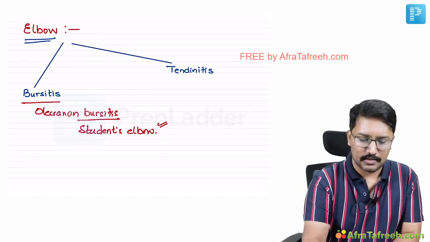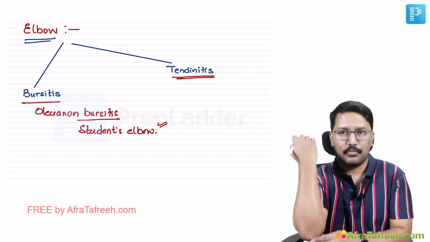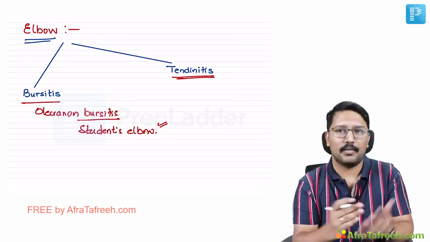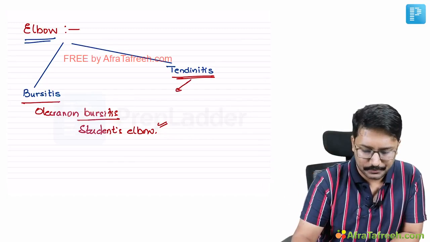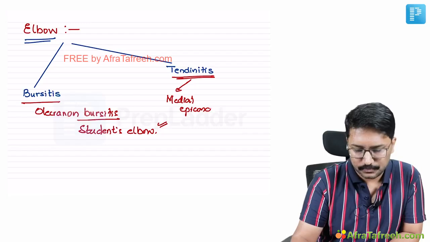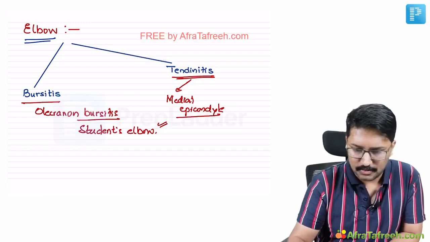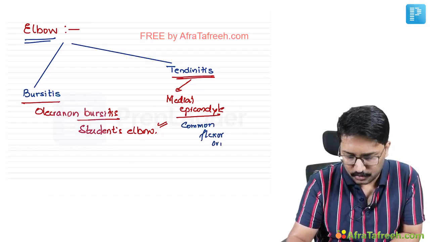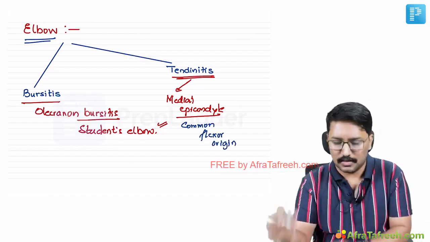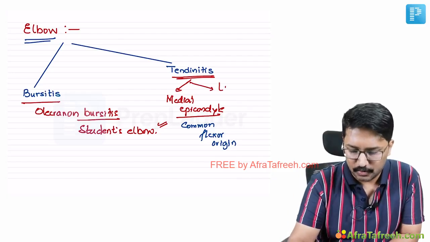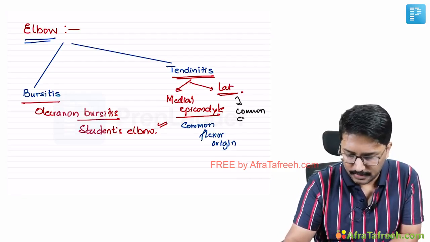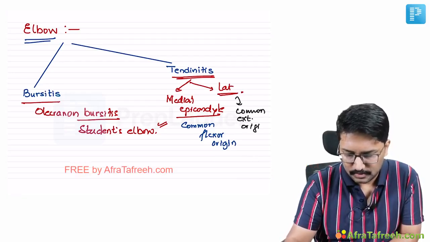So when we talk about tendinitis, we know that in the case of the elbow, there is a common flexor origin of tendons and a common extensor origin of tendons, and they can be affected, right? So we have this medial epicondyle, from where there is a common flexor origin of the flexors of the wrist. And then we have this lateral epicondyle, and from the lateral epicondyle we have a common extensor origin.